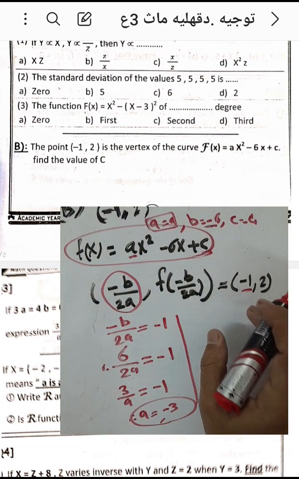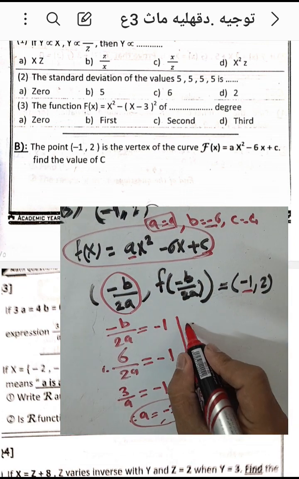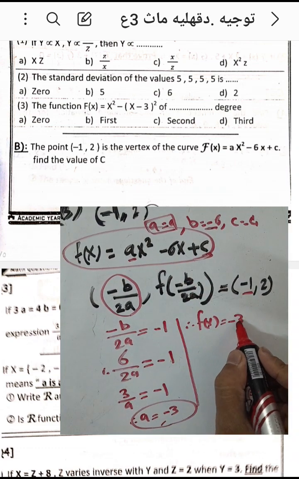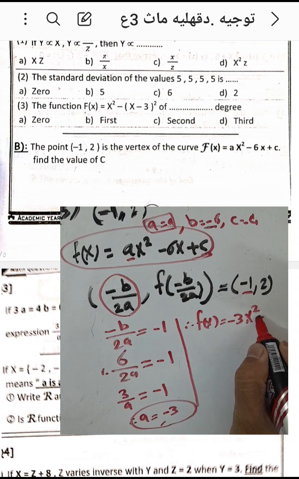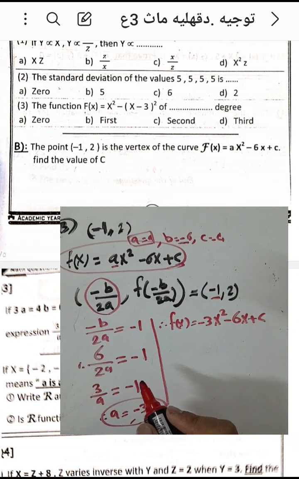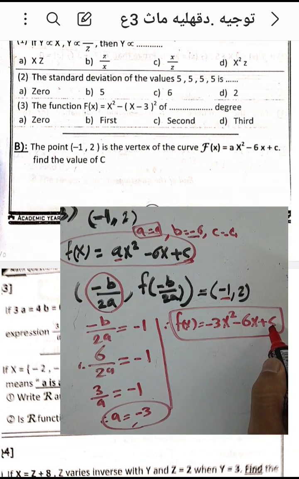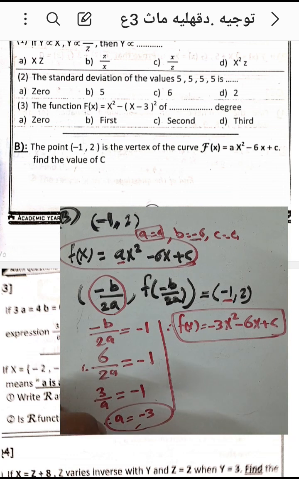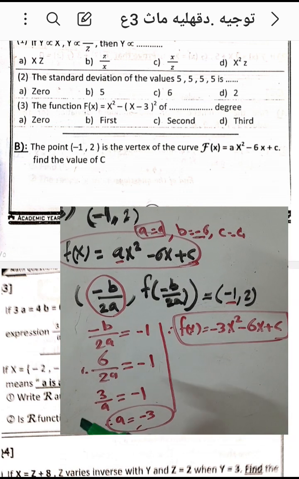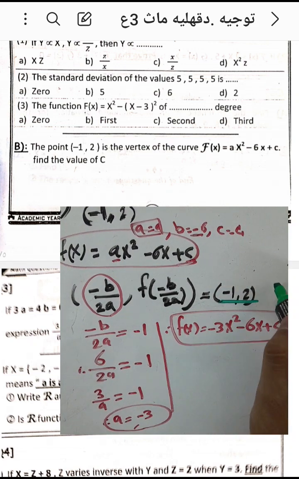And we have the point here lying on this function. Then the function will be what? We can substitute a and write negative 3 x power 2 negative 6x plus constant. Okay, we have the function here. You want to find the value of c. We have negative 1 and 2 satisfying this equation, because this point is the vertex and the curve of this function will be opening downward.